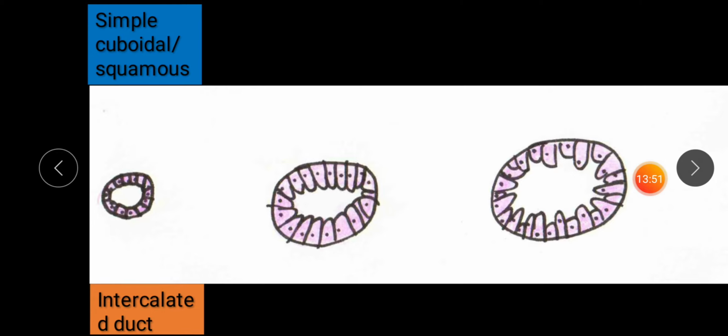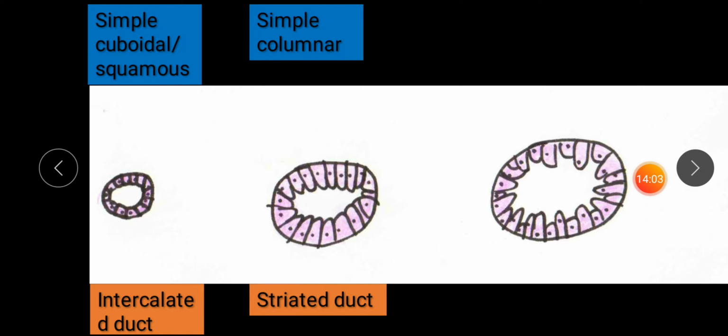Next, you have the striated duct, and the cells lining the wall of this duct are simple columnar. In my previous video, by mistake I mentioned simple cuboidal or simple squamous instead of simple columnar.